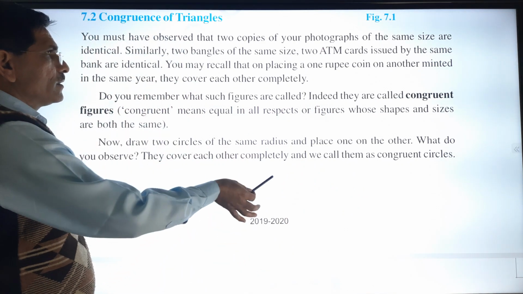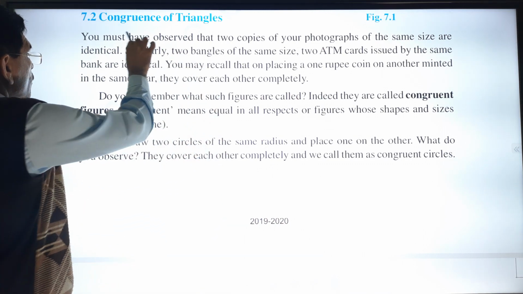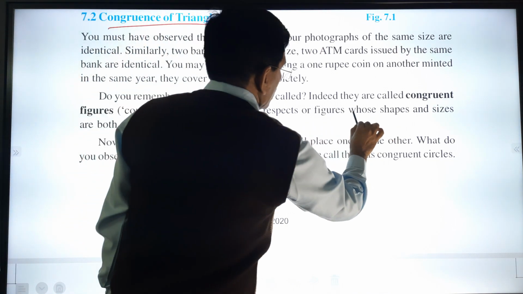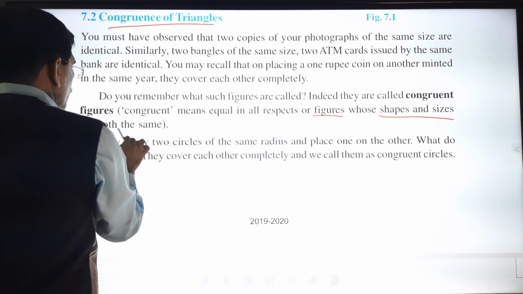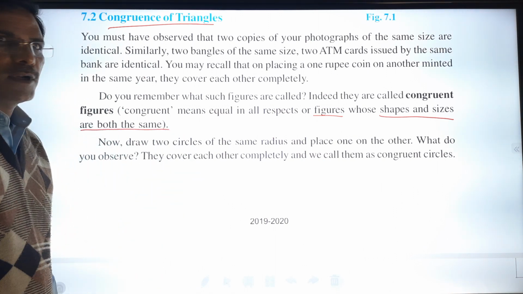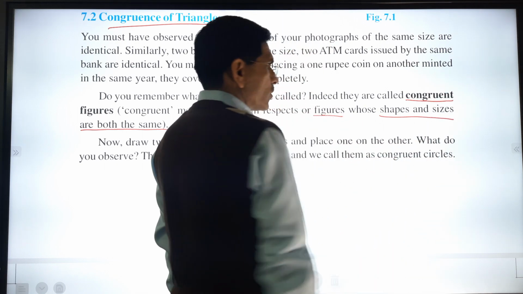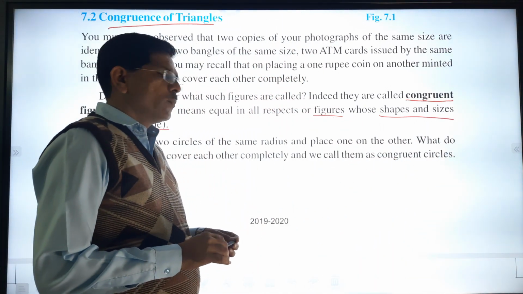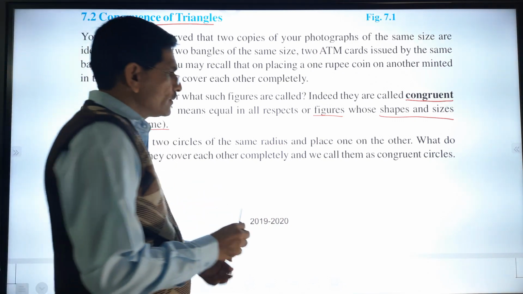So in this figure, we have understood the congruence of figures: simply, shape and size both are the same, we can say congruent.